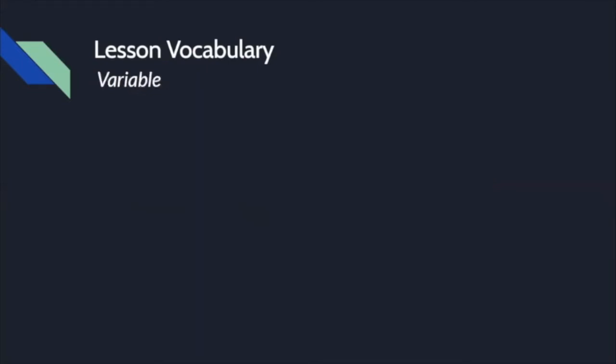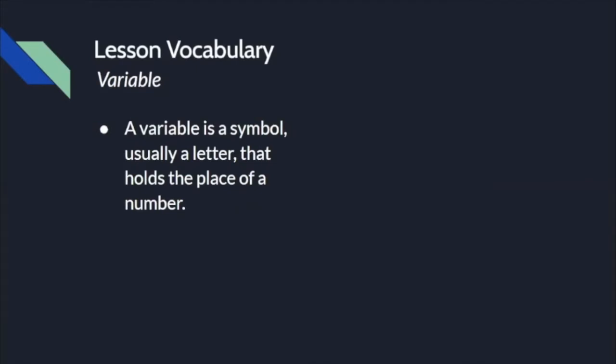As we get closer to algebra, we use other things to represent numbers, such as variables. They are symbols, usually a letter, that holds the place of a number or some unknown. Most commonly, you'll see the variables x, y, or z, but any letter could do.